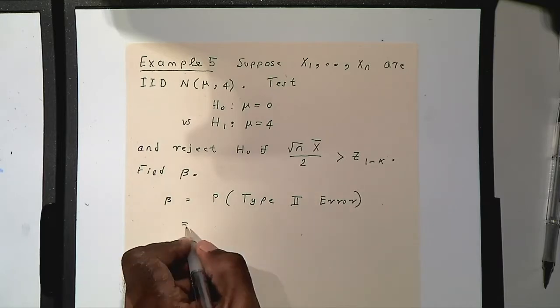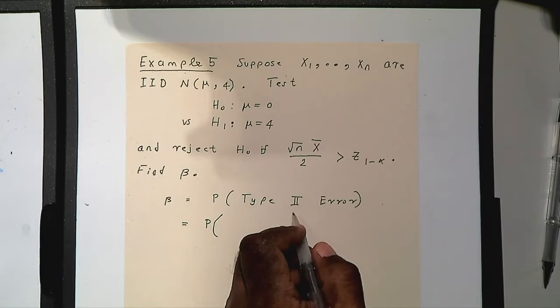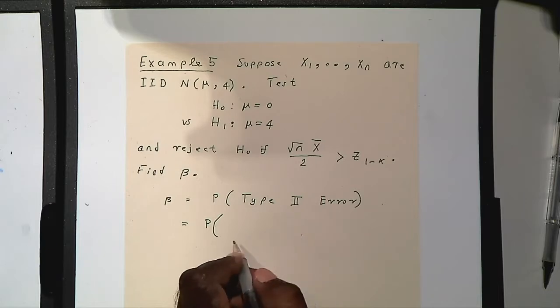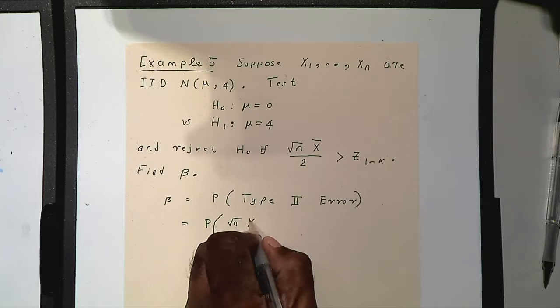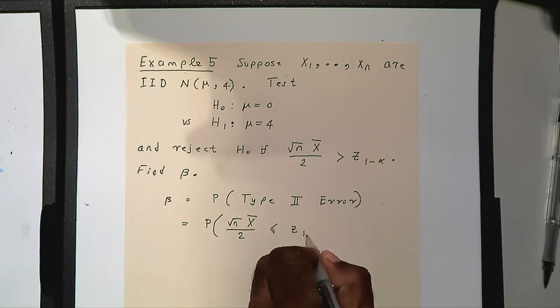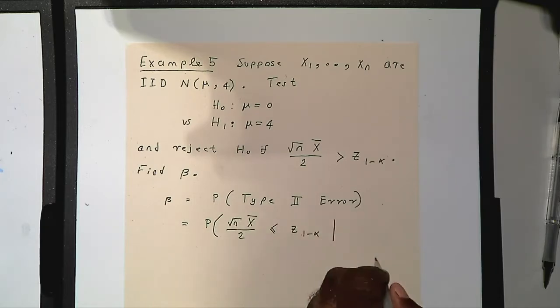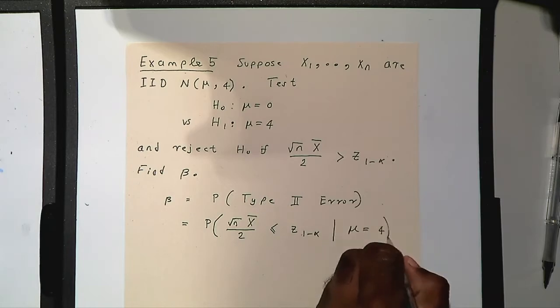So this is the probability of accepting the null hypothesis, which is root n times x bar divided by 2 less than or equal to z 1 minus alpha, given that mu equals 4. Okay?